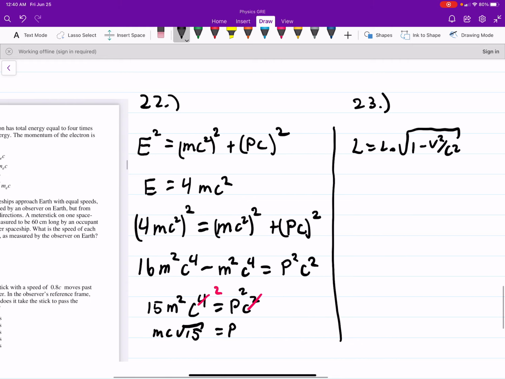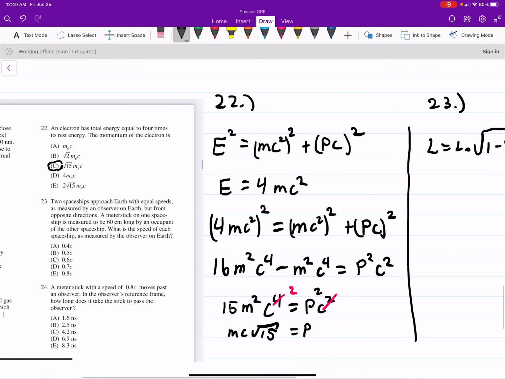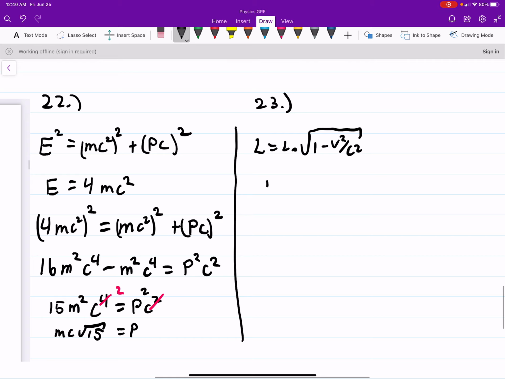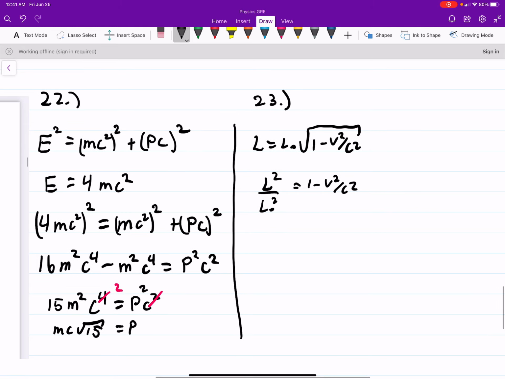And we can find our V this way. L squared divided by L naught squared equals 1 minus V squared over c squared. So V equals c times the square root of 1 minus L squared over L naught squared. So just solving for V. And if you plug this in, you'll get 80% the speed of light.